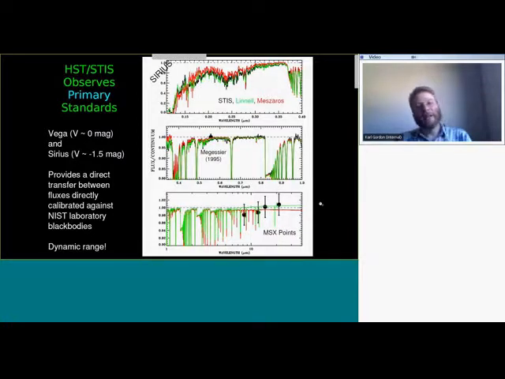So Hubble is now very easily traceable back to laboratory black bodies, and the incredible dynamic range that Hubble STIS provides is what enables this direct calibration.